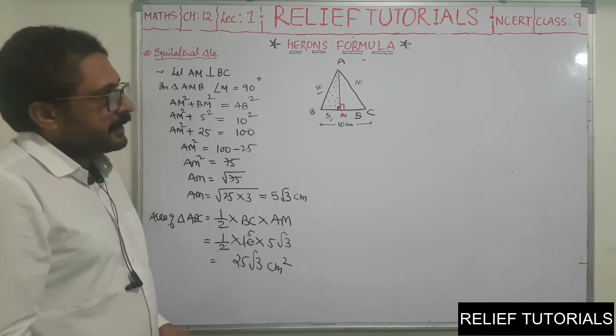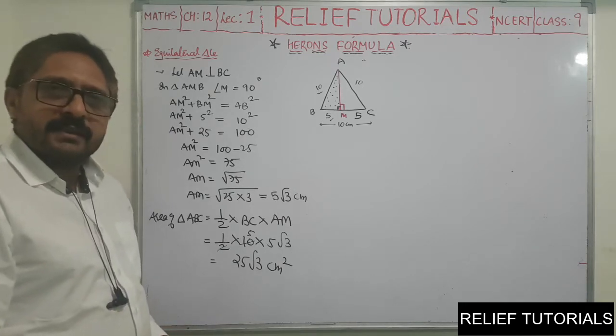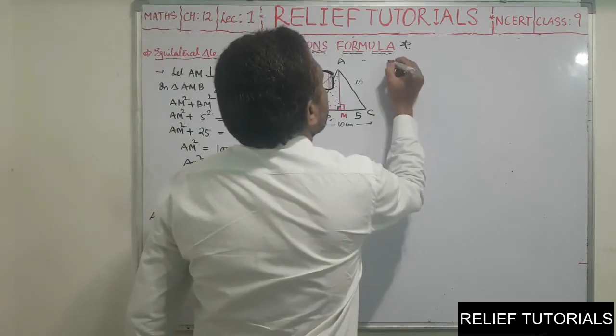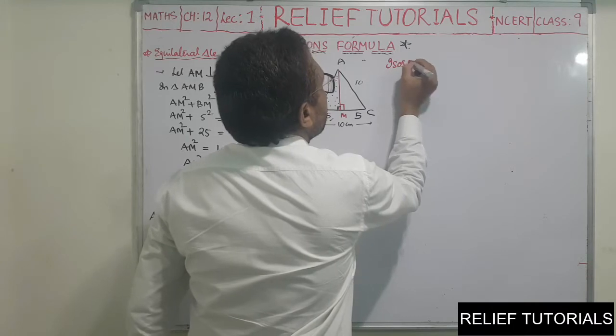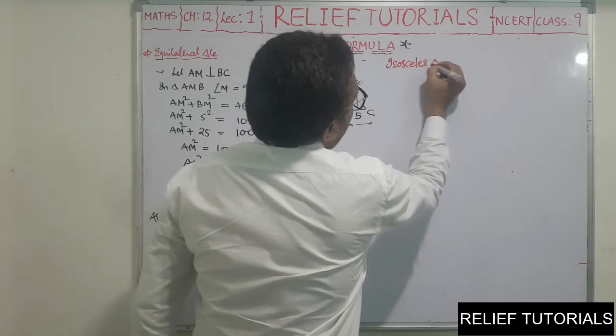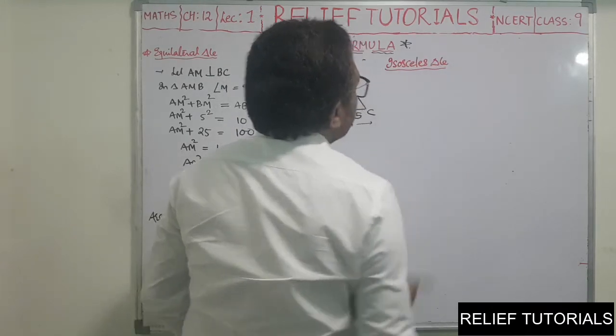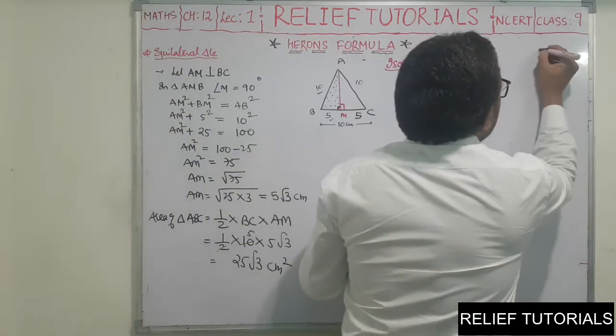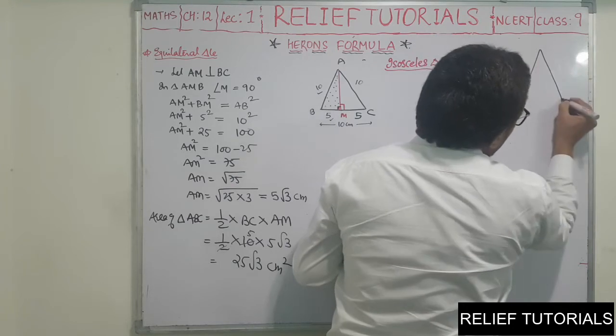Have you got it? So this is about the equilateral triangle. Now similarly, we can find the area of an isosceles triangle. See, now for an isosceles triangle. Isosceles triangle means, you might be knowing, any two sides are equal.